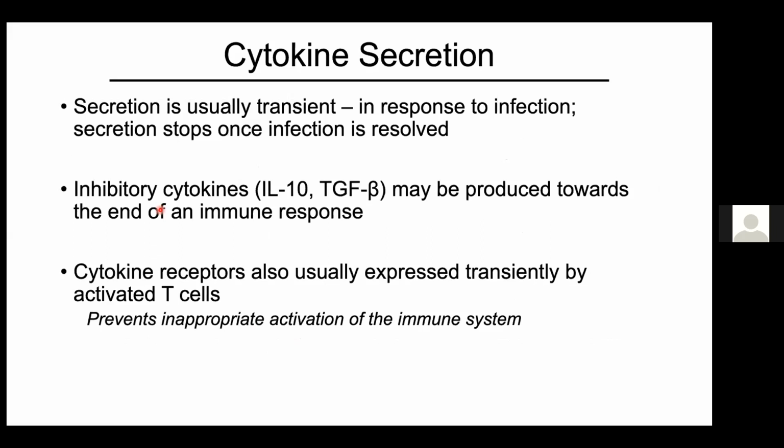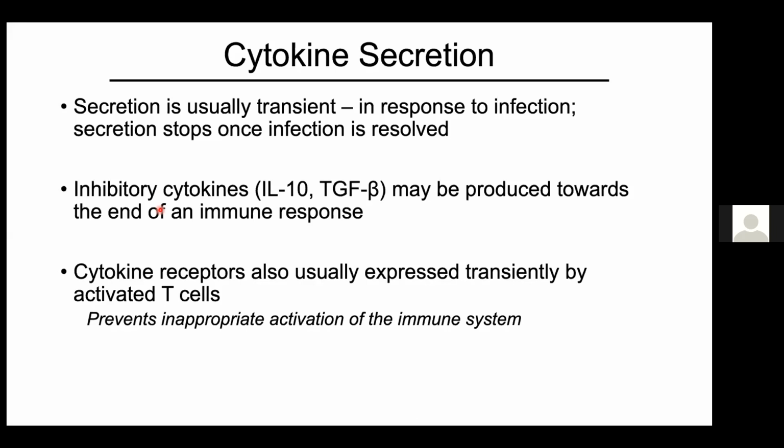So secretion of these cytokines is usually transient. So it would be kind of specific, just in response to infection. And once the infection is resolved, then that stimulus that induced their secretion is no longer there. So secretion usually stops, but we also get, remember, for every system in the body, you have a balance.